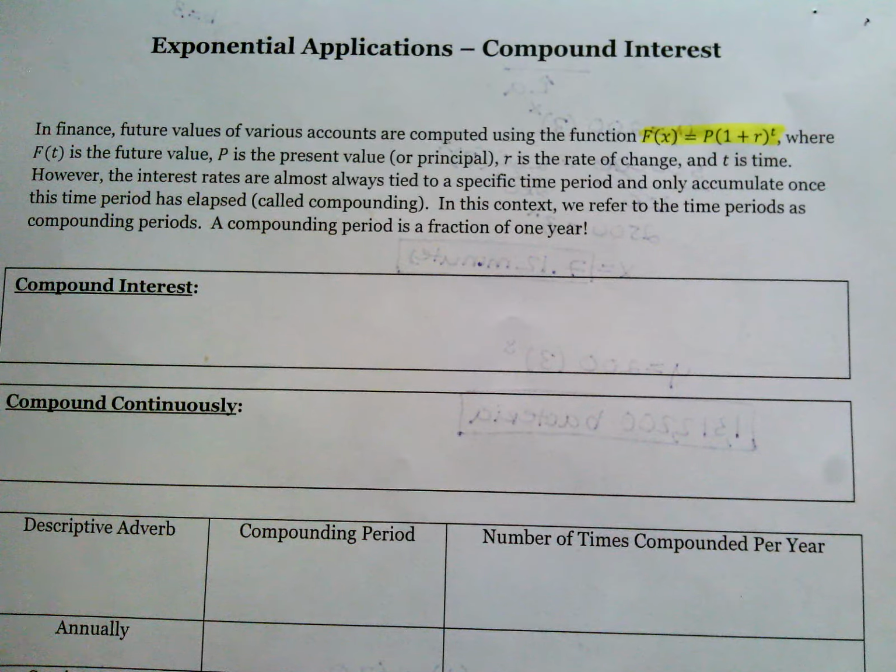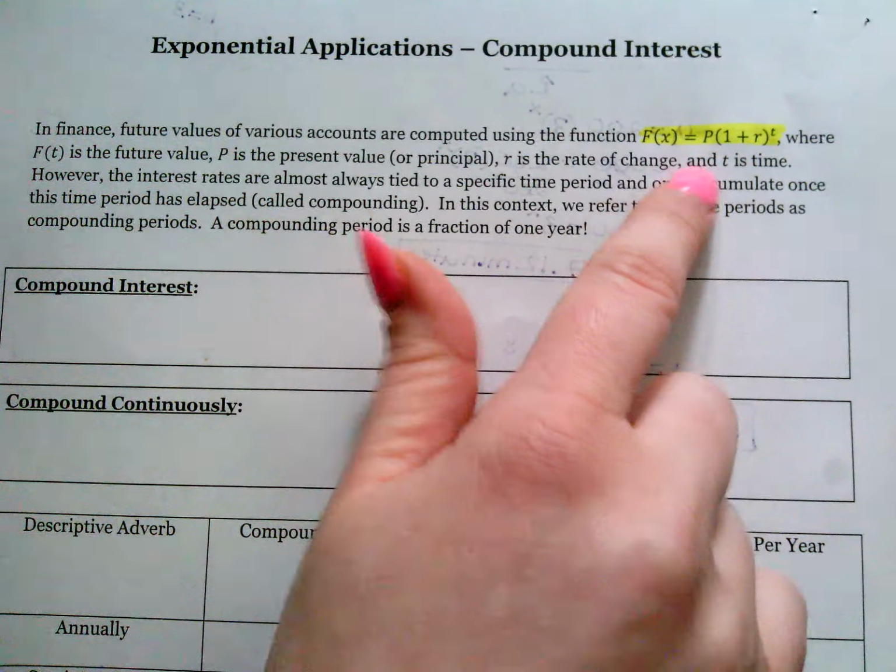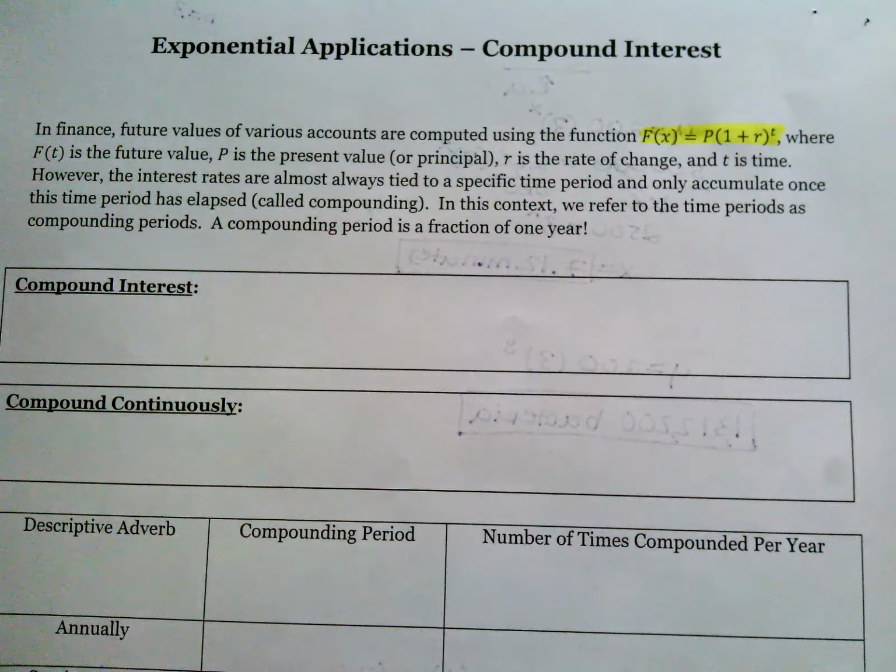So that's where the 1 plus comes in. And then t is the amount of time. F of t is the future value. P is the present value or the principal amount. R is the rate of change, and t is the time.